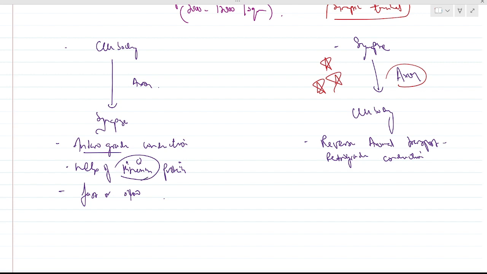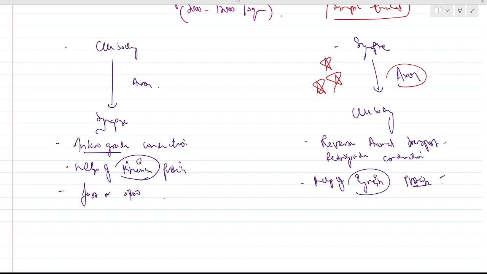Here it is due to kinesin, here it is due to dynein protein. With the help of dynein protein. It's one of the motor proteins, kinesin and dynein. If you don't know, check out the intermediate filaments video on this channel.